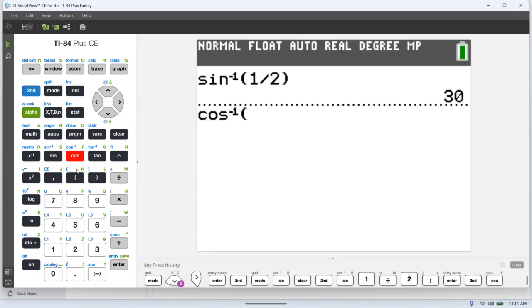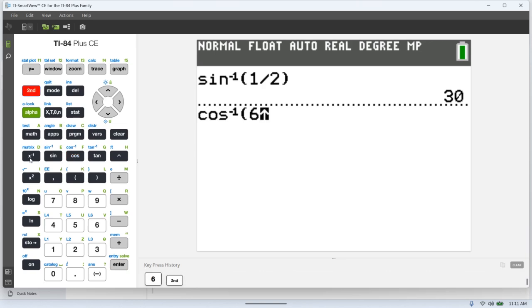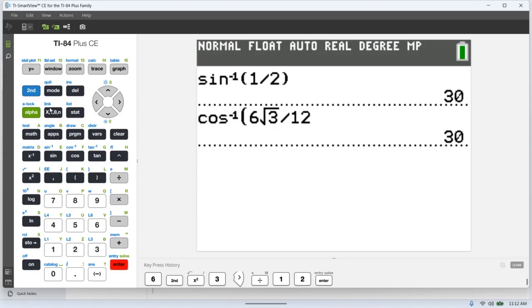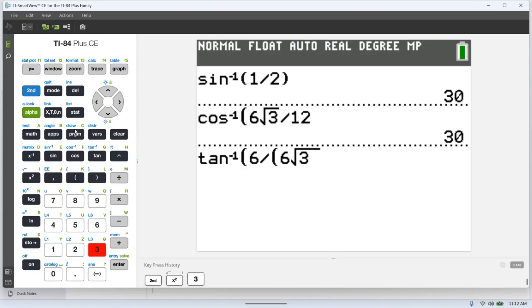If you had used cosine, you would have used the 6 root 3 over 12. And if you would use the tangent, that would have been 6 over 6 root 3, just like that.